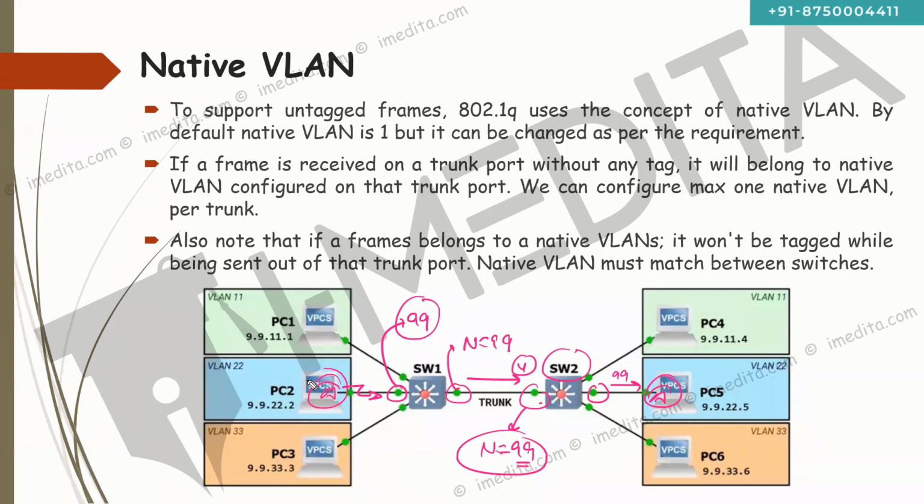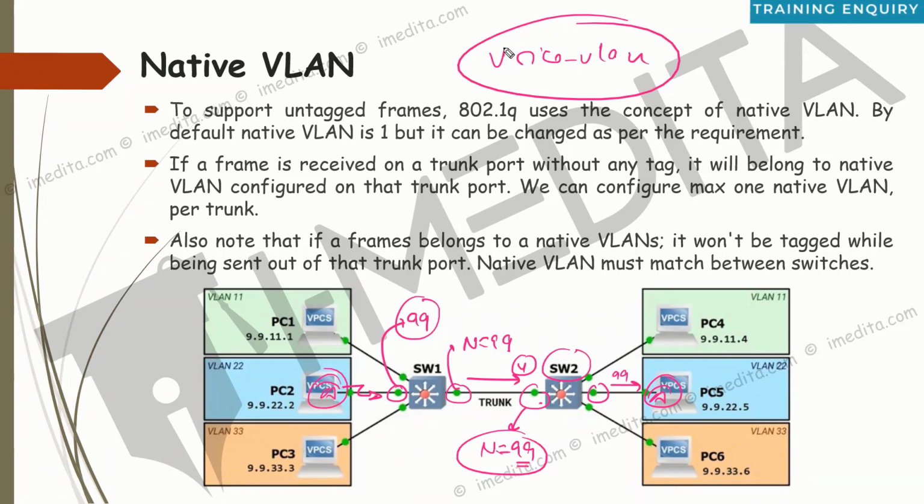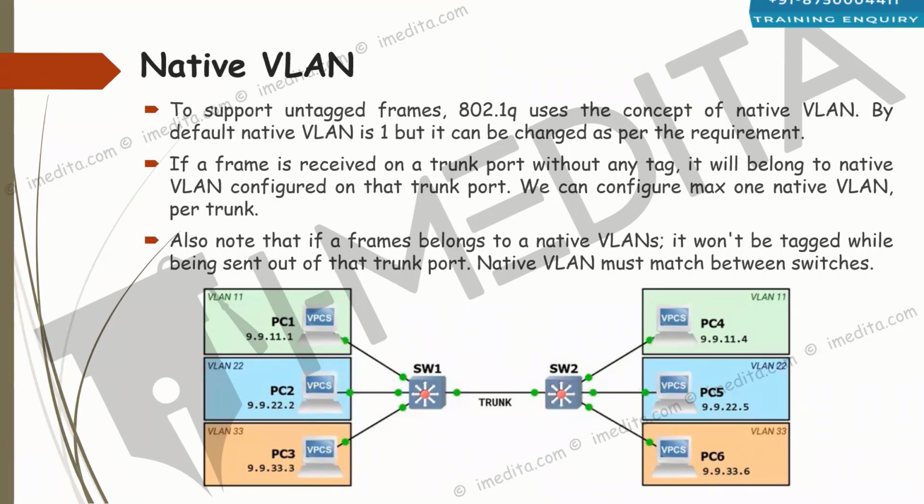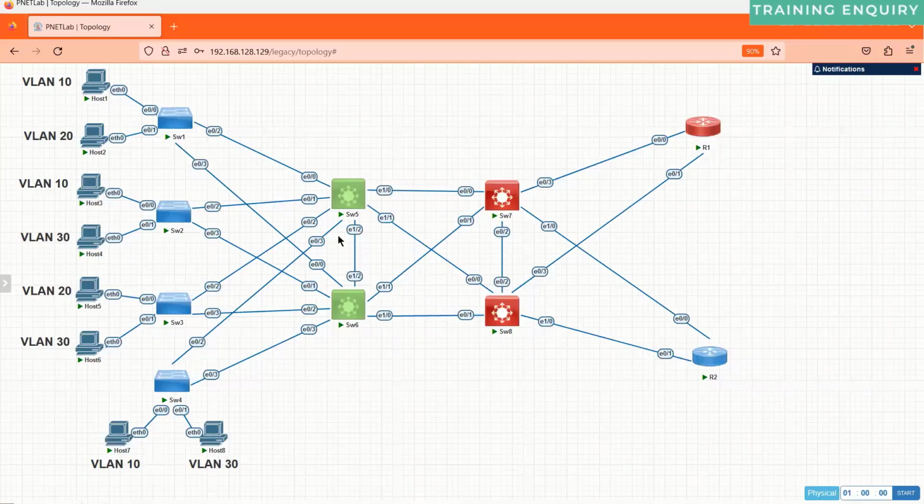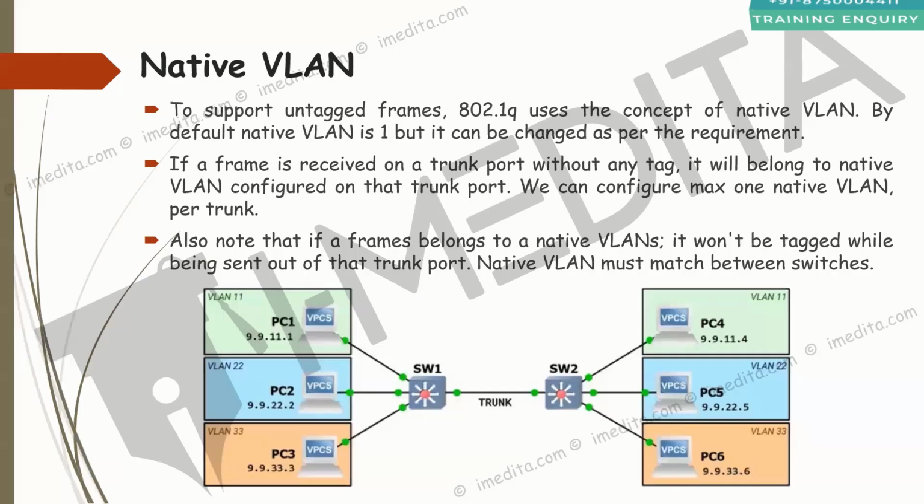But then came in the market this concept of voice VLAN, where we can define on the switch port a dedicated VLAN for voice traffic, which we call the voice VLAN. So since then, this concept of native VLAN is not very much useful. But yes, we can still use it to forward our voice traffic if we want.